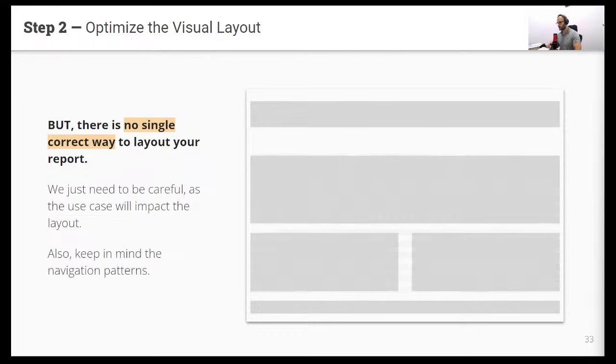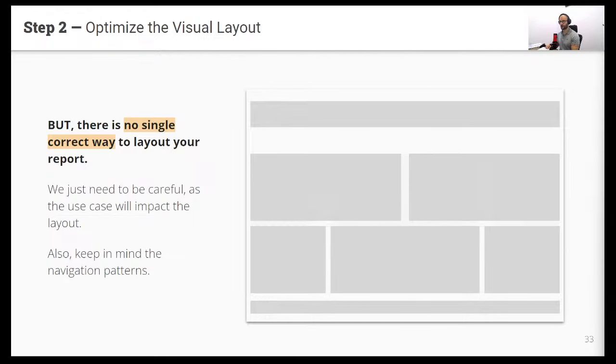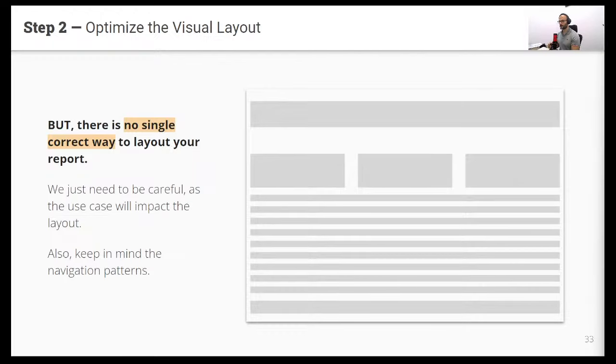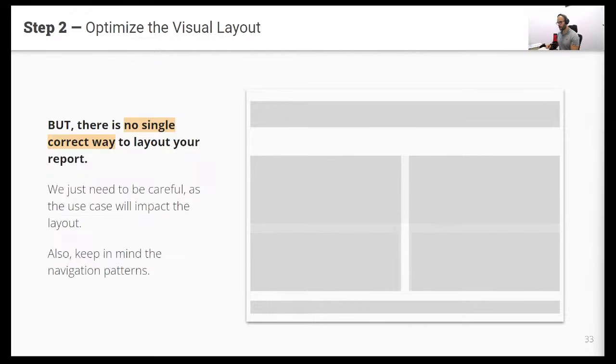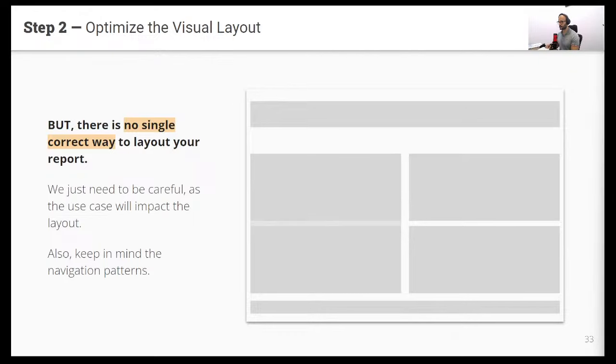Luckily, this will be less of a headache soon enough with Copilot, because you can just tell it how to structure it. More on that later on. We want to be careful so that we do not use a layout that is not optimal and does not follow the navigation patterns, for example, the F shape.